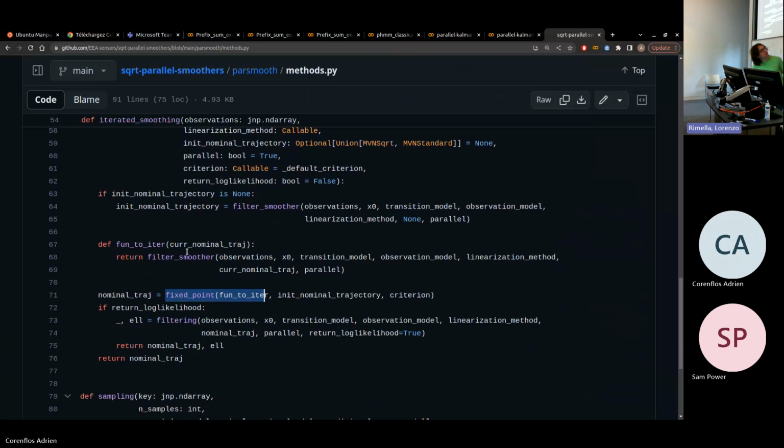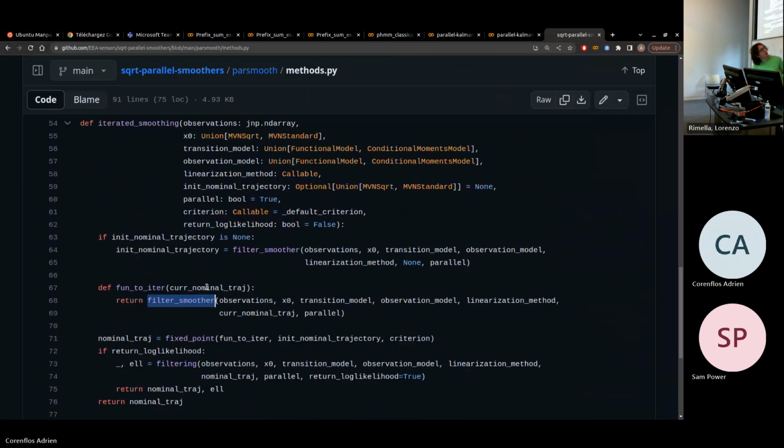So you iterate a filter then smoother function on your current, what we call nominal trajectory, because this is a general method, but just think of the current best guess of your map, right? Then you linearize your transition model and your observation model around the nominal trajectory. I'll show you in a second, and then you just iterate until convergence.